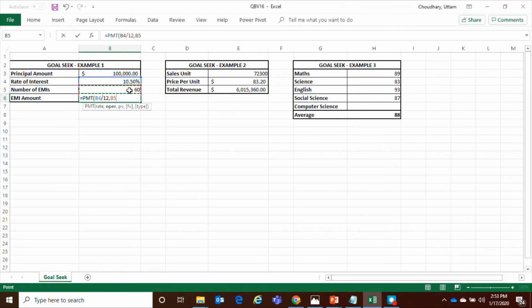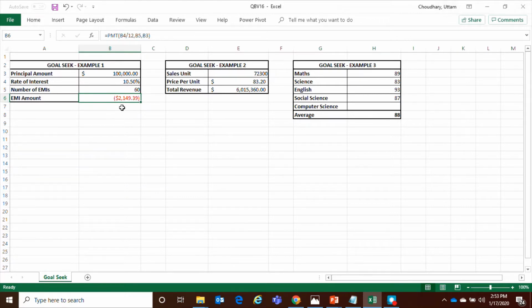And then the principal value, which is $100,000. When we close this, it generates the outcome as $2,149.39 as the EMI amount that a person needs to pay every month.